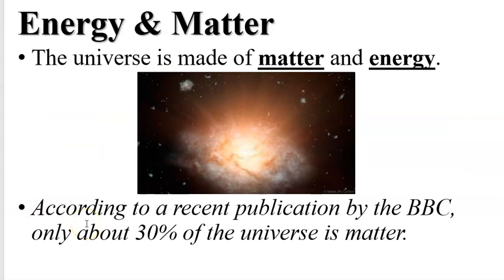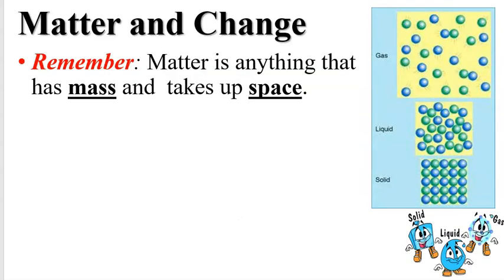So, when we're talking about our universe, it is made of matter and energy. In recent publications, it is thought that only about 30% of the universe is matter. Matter is anything that has mass and takes up space.